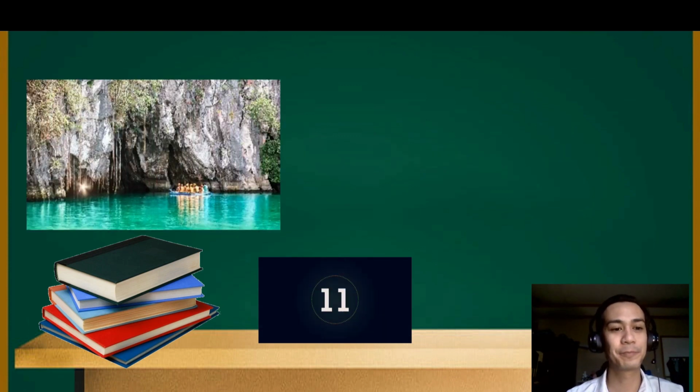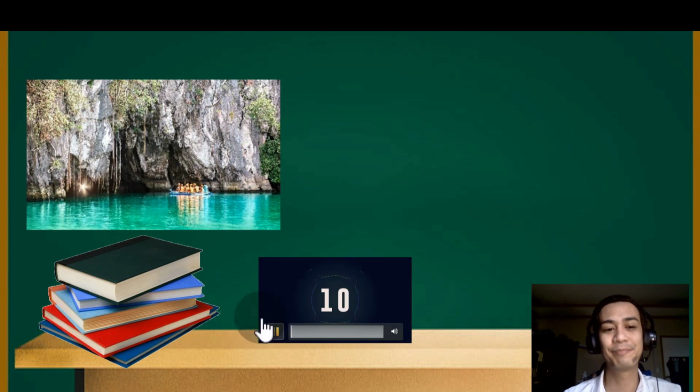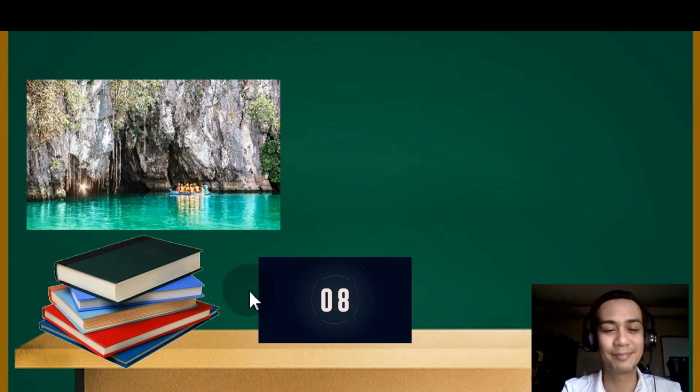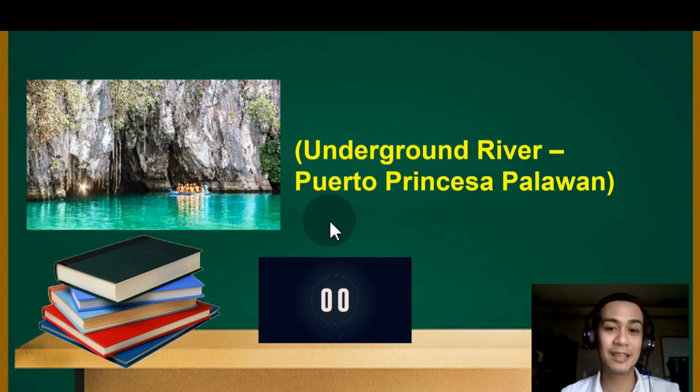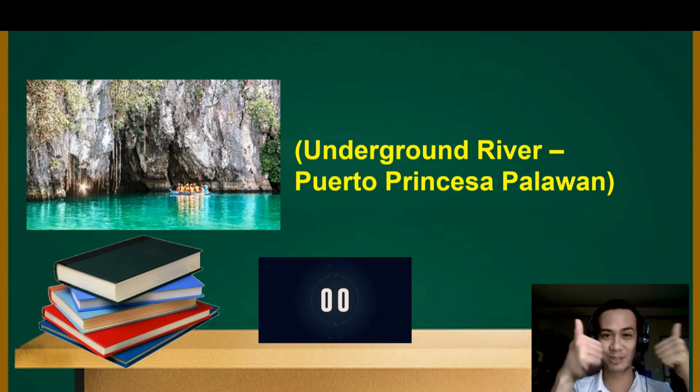Next picture. I believe that you were able to answer this one. That is the underground river, Puerto Princesa, Palawan. So if you got all the correct answers, again, give yourself 3 claps. 1, 2, 3. Great job.